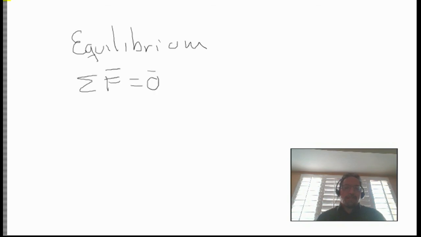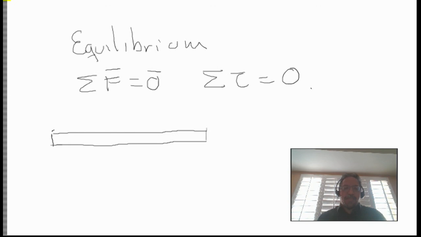In chapter 8, the application of these ideas points out that if you want equilibrium, you need to have the sum of forces equal to 0, and the sum of torques equal to 0. The simplest application of these, as we did in lecture, was perhaps to consider a system like this. A simple plank.